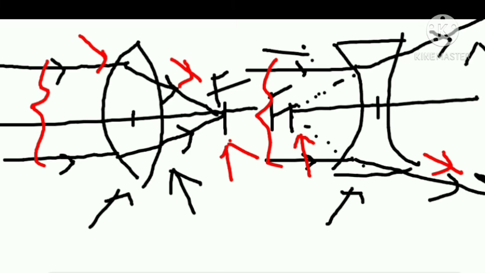This point is called principal focus. So these two points on the principal axis are called principal focus.